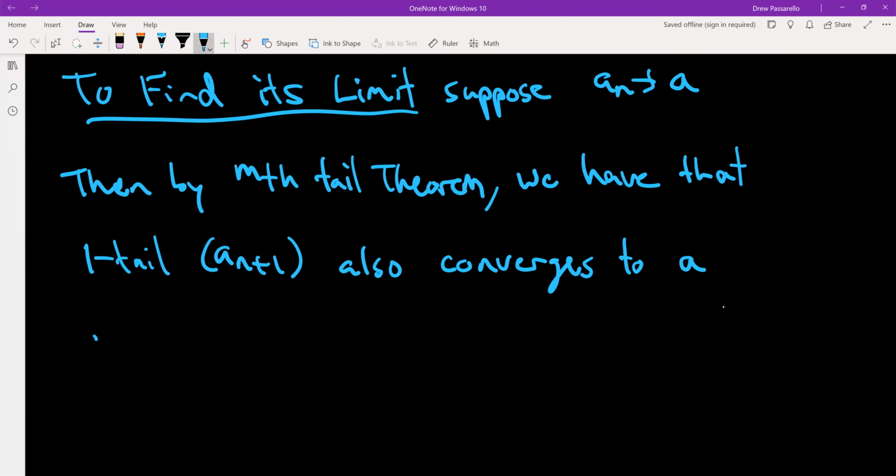So we have the limit of an, which is equal to a, which is also equal to the limit of a sub n plus 1.